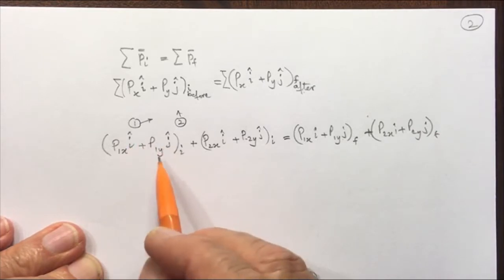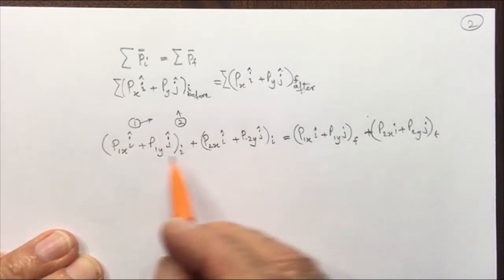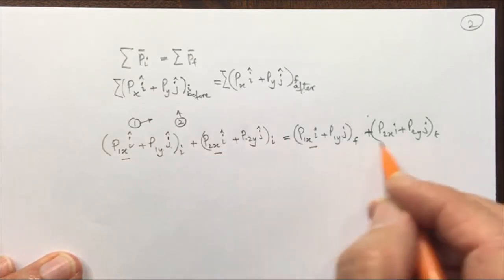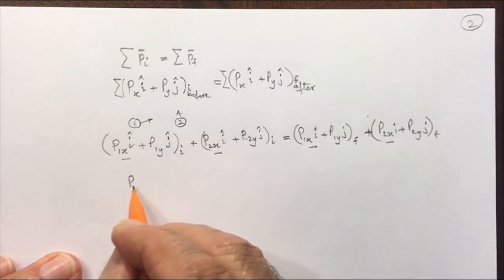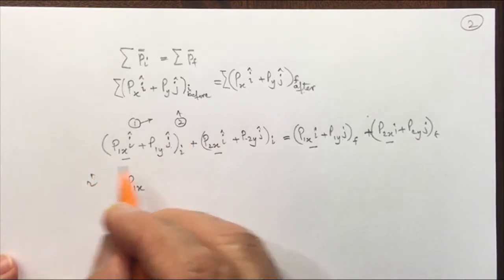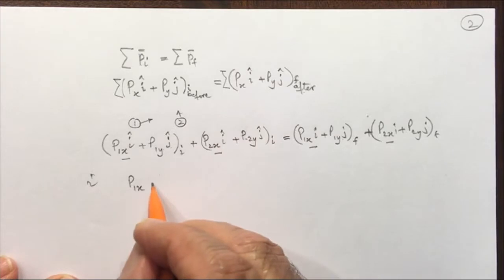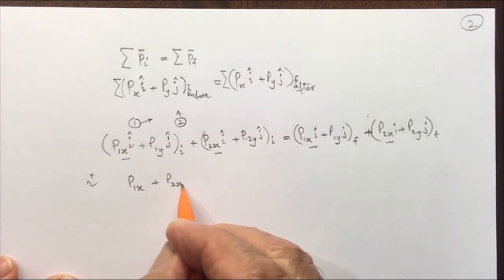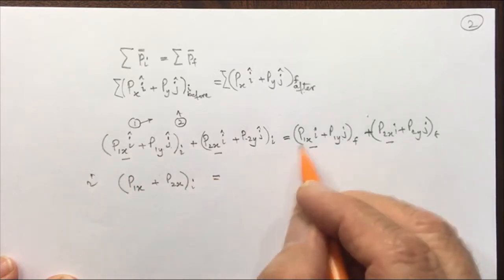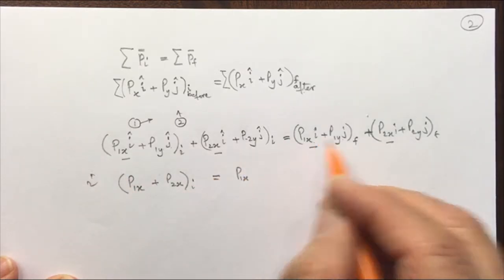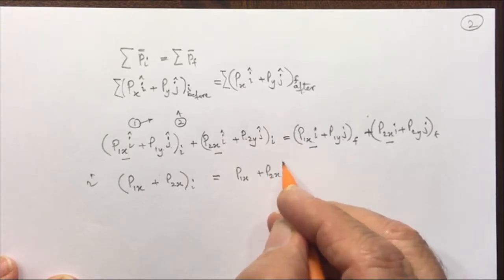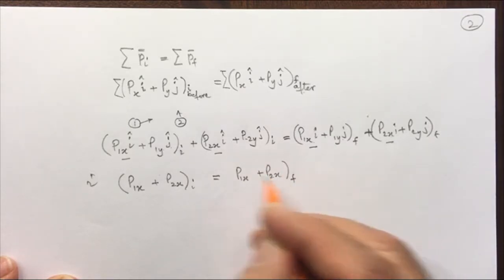Now, we don't add the i's and the j's, so we'll collect the i's together and write one equation. So we'll collect these terms and say p1x, and we can skip the i, and p2x, these are the initial values, equals p1x and p2x final values.